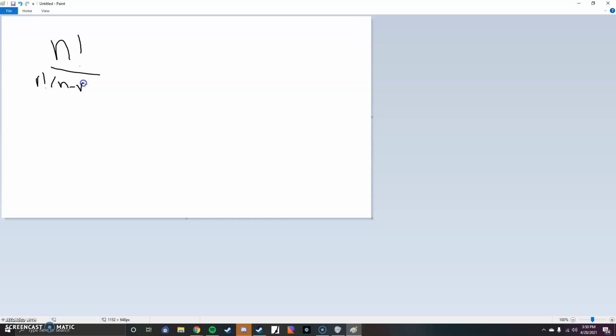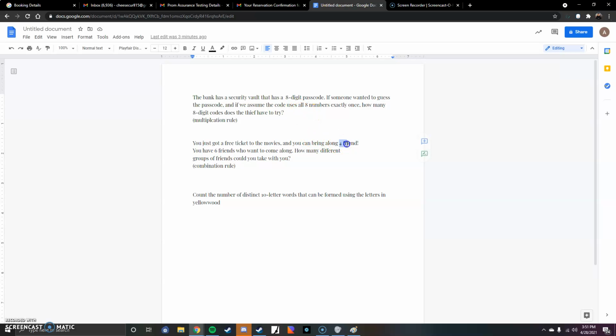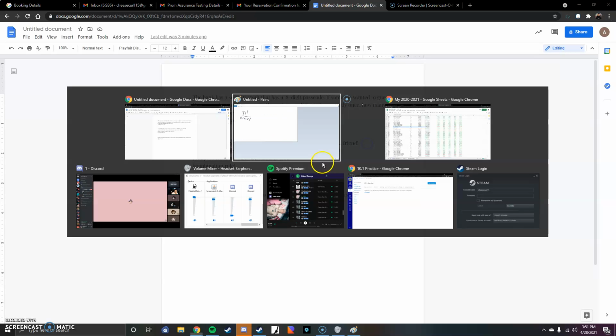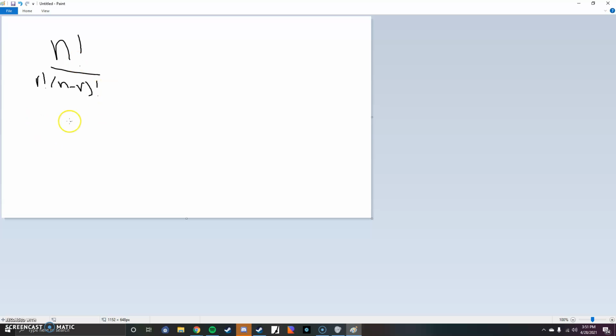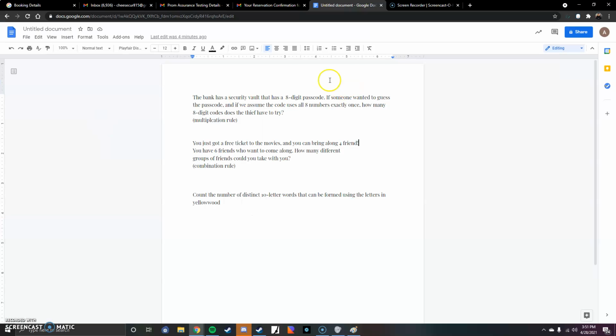Let me write it out for you. The n is sort of like the total, and then the r is just the number you choose. For this problem, you can only bring 4 friends, and you have 6, so n would be 6, and then r would be 4.